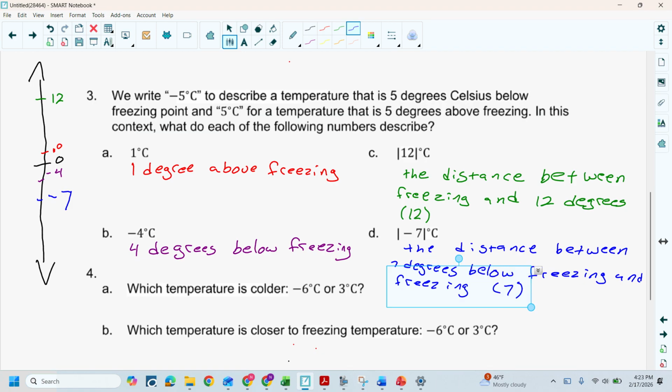And that would be 7. And now, fixing the question above, between 10 and 12 degrees above freezing, and that would be 12.